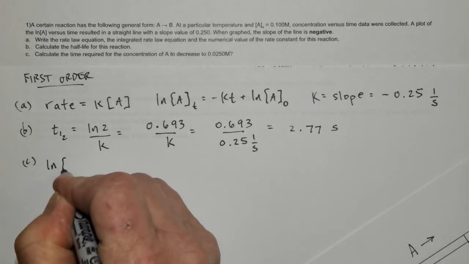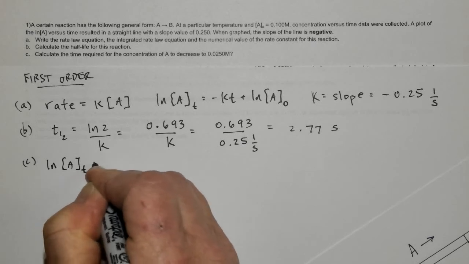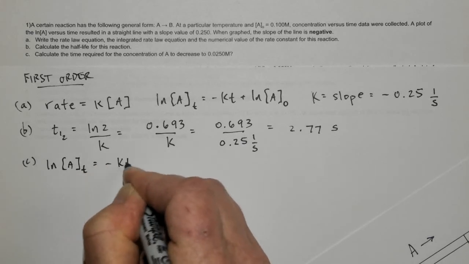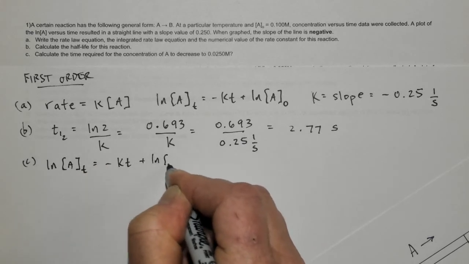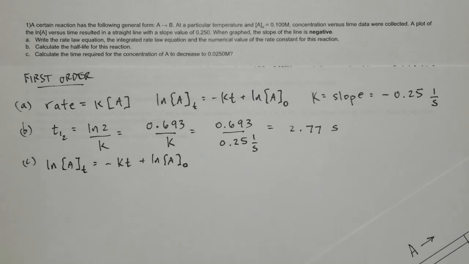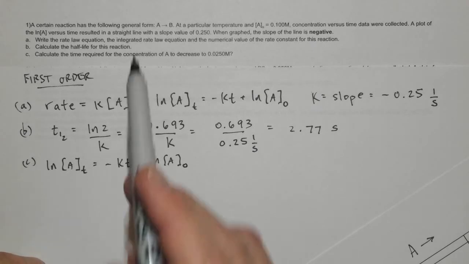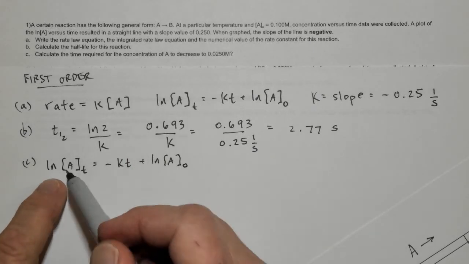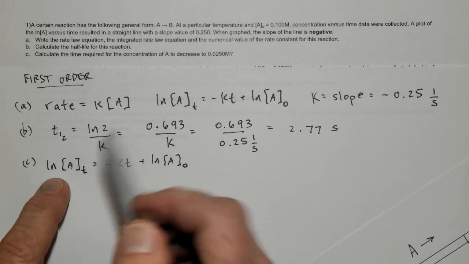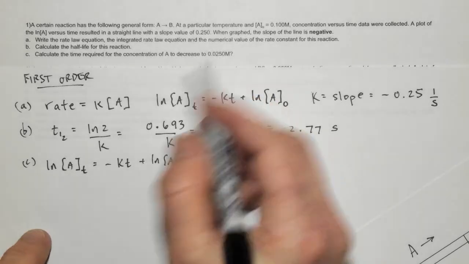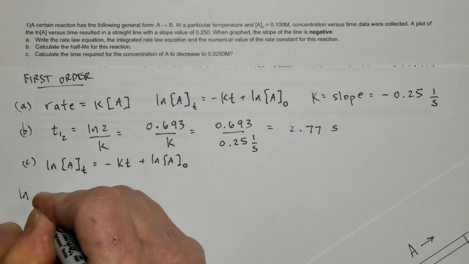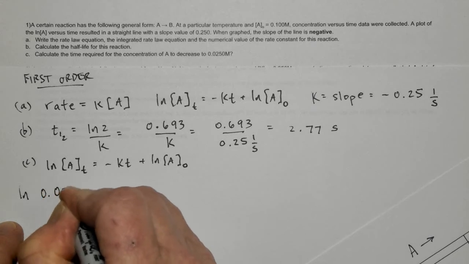So this is the natural log of A at some particular time is equal to negative kt plus the natural log of A original. Some people like to rearrange the equation. I personally like to do that, but I know that a lot of high school people like to just put the numbers in and then solve. So I'll do it that way to start with. The concentration has decreased to 0.025, so we'll put in the natural log of 0.025.